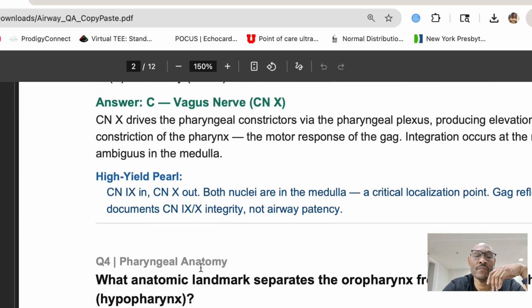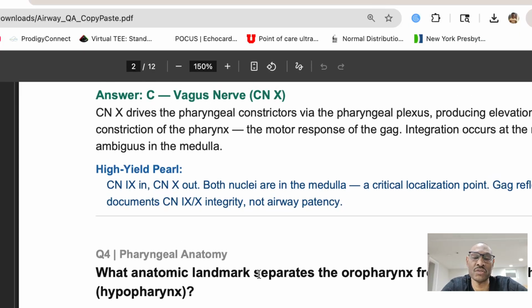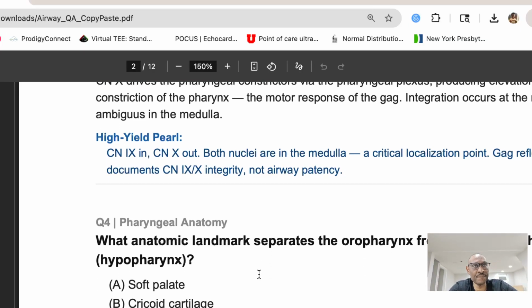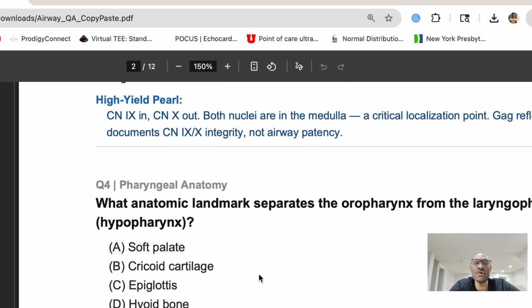Okay? What anatomic landmark separates the oropharynx from the laryngopharynx? Okay, so in anesthesia, like I said, the anatomy doesn't change. The physiology rarely changes also. There are just certain things that are more important than others, okay?